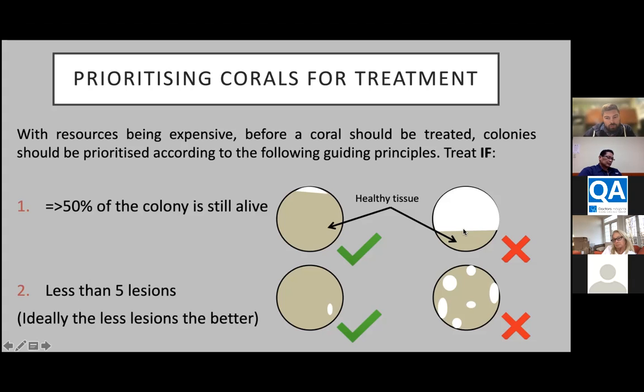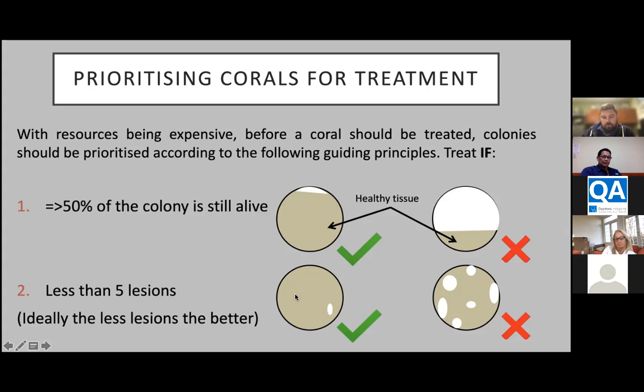If it's more than that, then we don't really want to be, well, it's not wasting the product on it, but because we've only got a finite amount of this treatment, it's advisable to just go, if you see a coral that's more than 50% healthy, treat that coral instead.